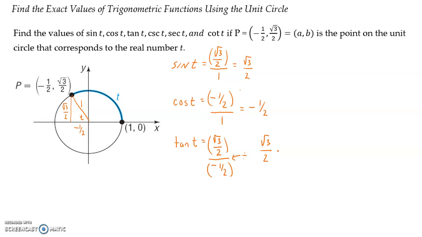Then I need the reciprocal of my denominator, which is going to give me -2 over 1. Now we can simplify this fraction. These 2's are going to cancel, and we'll end up with negative radical 3 over 1. I'm going to leave that as a negative radical 3.